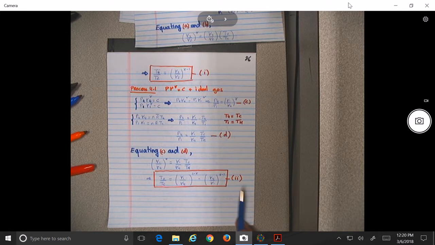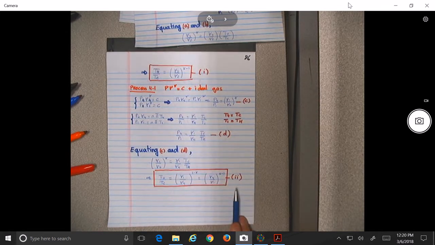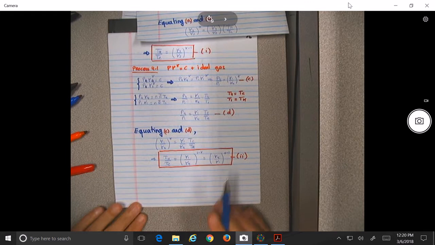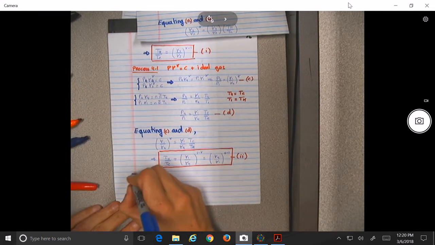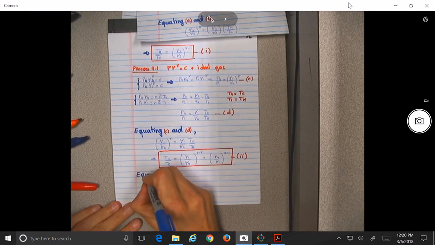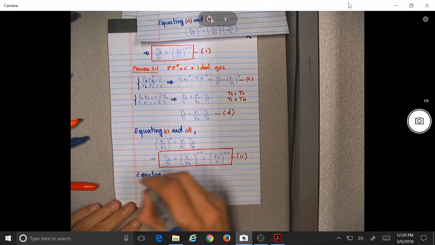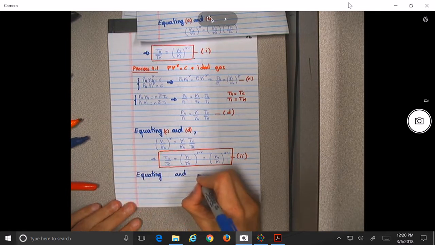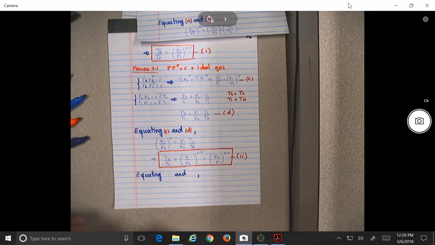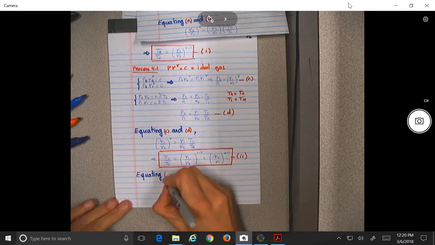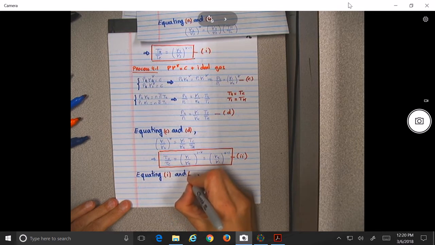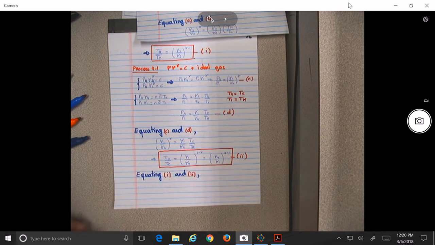Okay, so now what I'm gonna do, I can equate 1 and 2, no? All right. What do we have?